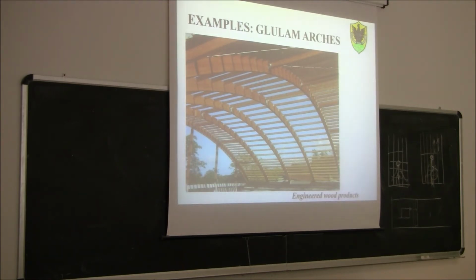Wind or earthquake. In which direction? Perpendicular to the axis. Exactly. So the out-of-plane horizontal forces, basically the wind forces and earthquake forces acting perpendicularly to the plane of the arch, will be resisted by this bracing system.